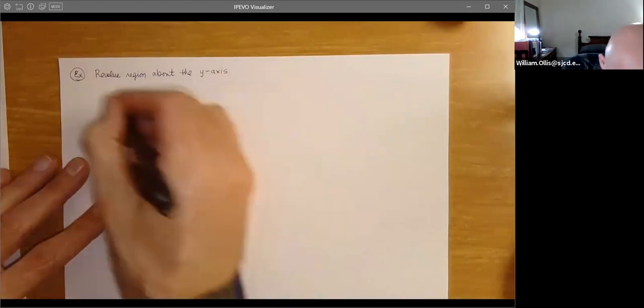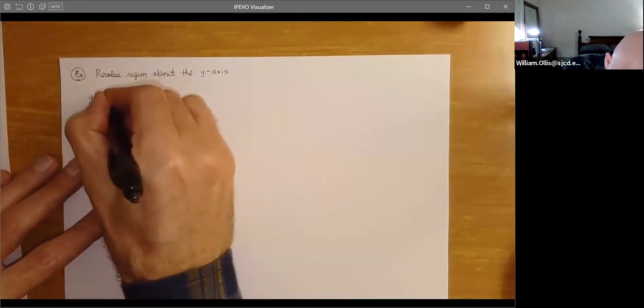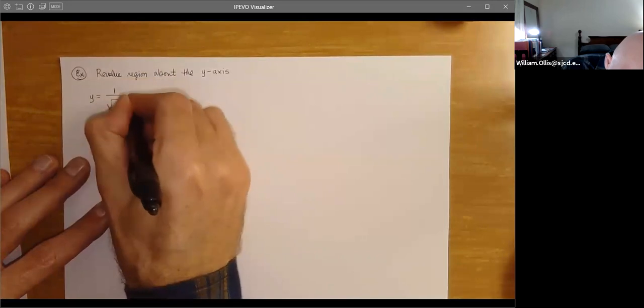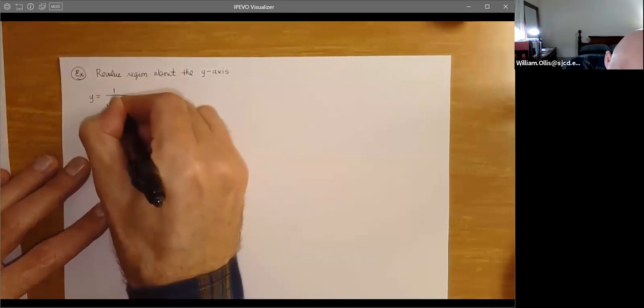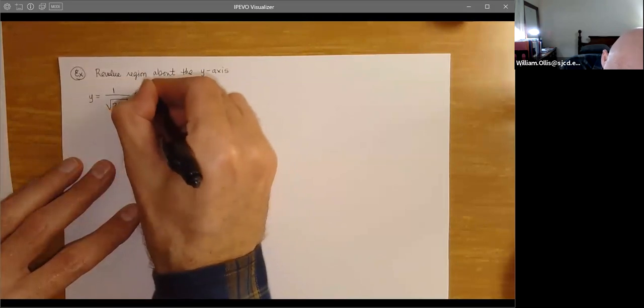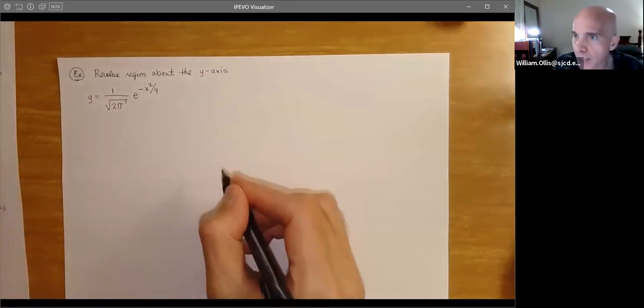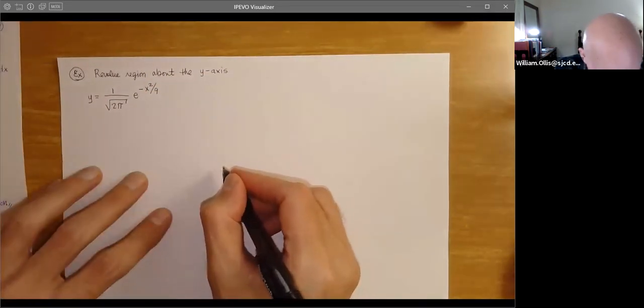And here's the region. This is where we get this probability distribution function. We have 1 over the square root of 2 pi. That's to normalize it. E to the negative x squared over 9. So that gives you, hopefully, an x so you can do a nice substitution.